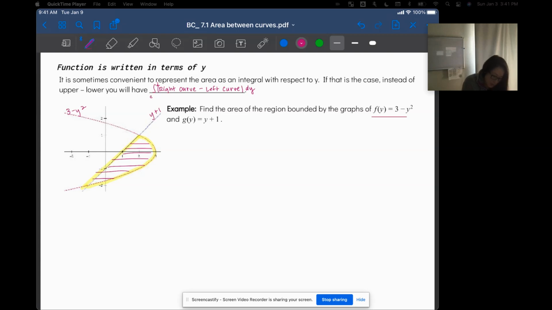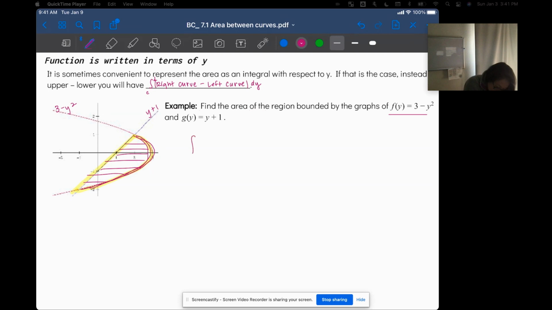So we're going to take the right curve, and notice that the parabola is always the right curve, and the line is always the left curve. So I'm going to take the integral from c to d of the right minus the left dy.